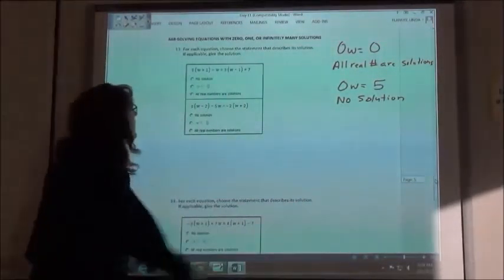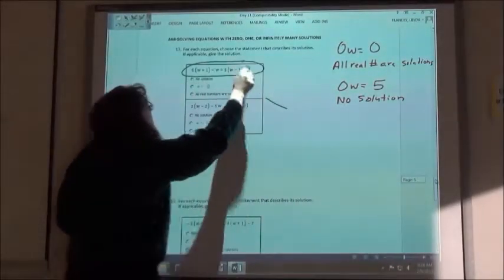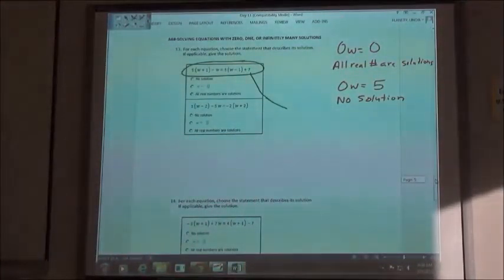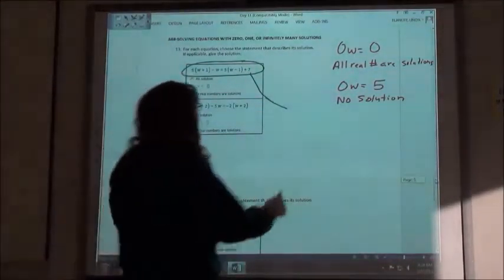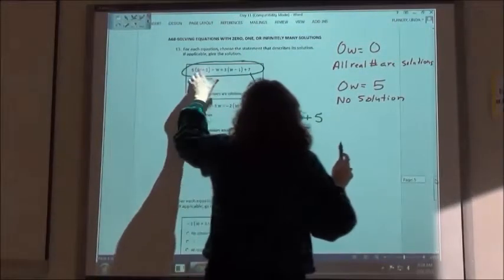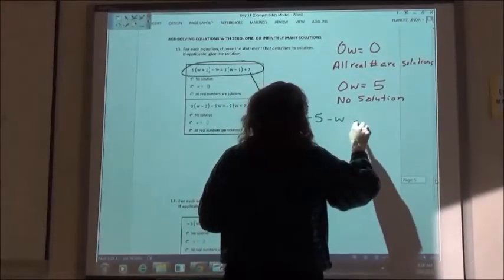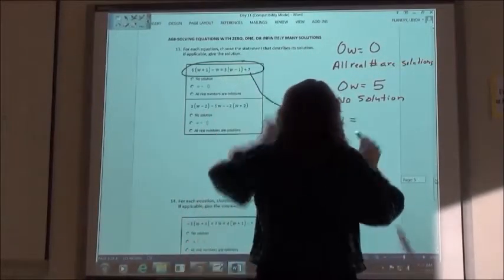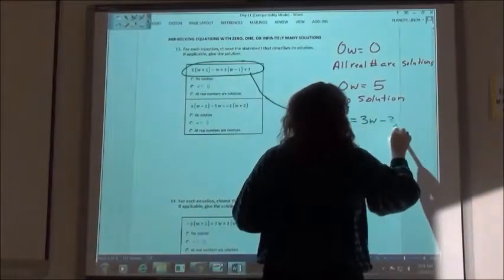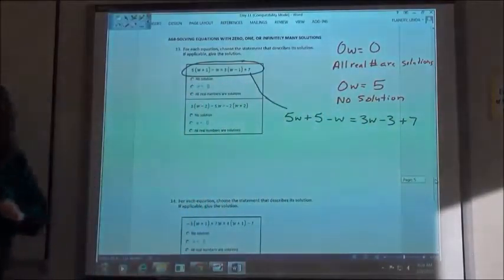So I'm going to do this one down here. First of all, get rid of my parentheses, right? So 5W plus 5 minus that W on the end is going to equal 3W minus 3 plus the 7 on the end, right?